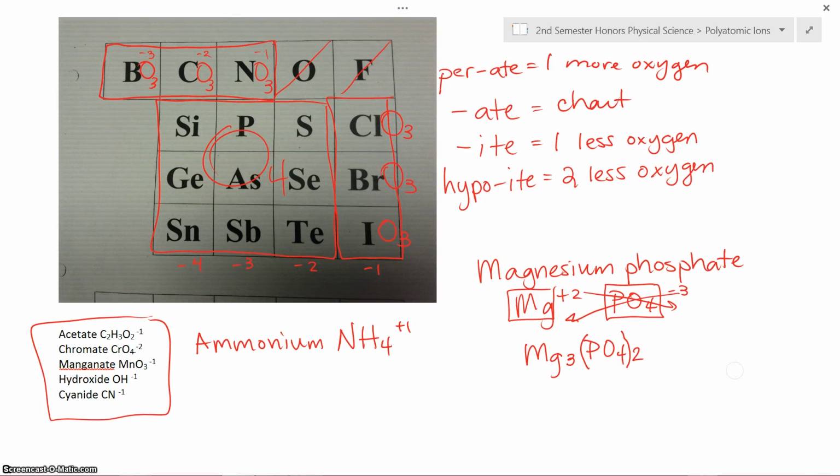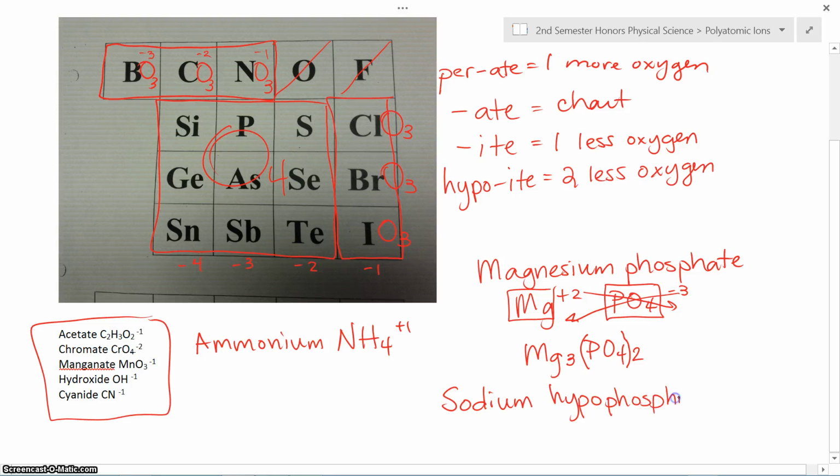If I have something like sodium hypophosphite, I look up Na, sodium's a +1, hypophosphite.